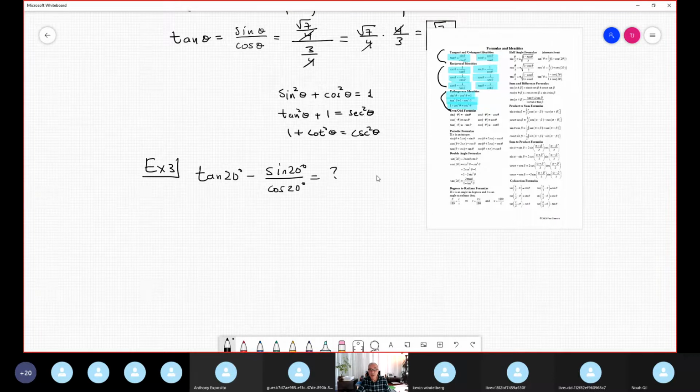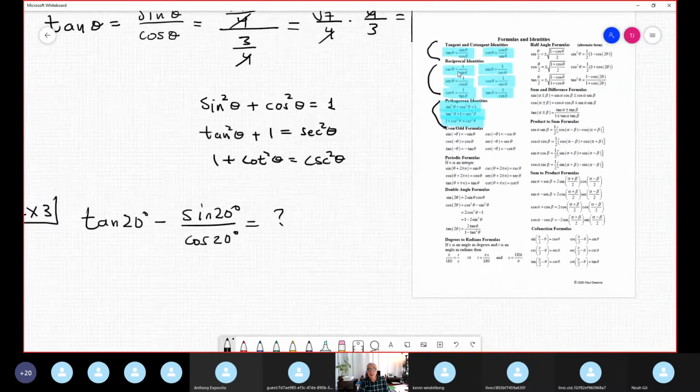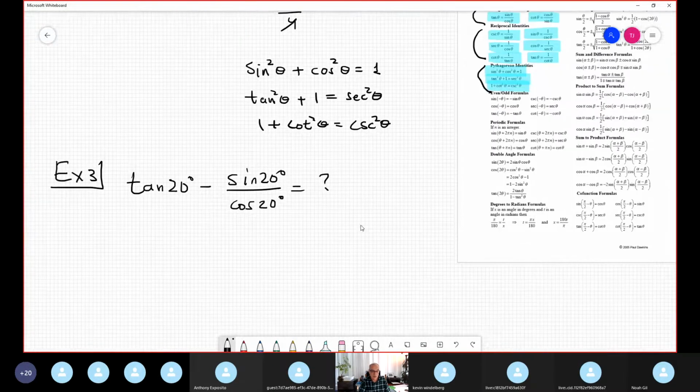Well, I go to the tangent identity. Yeah, I know that sine of any angle divided by cosine of the same angle is tangent. So you replace. You bring down tangent 20 degrees. Yeah, I know by this que sine divided by cosine is tangent of the same angle. And tangent 20 minus tangent 20 is 0. Super.